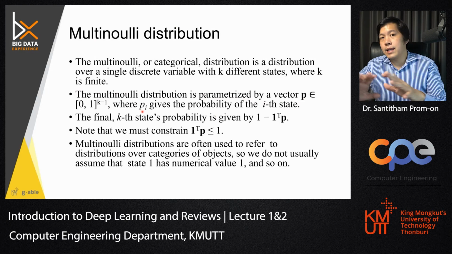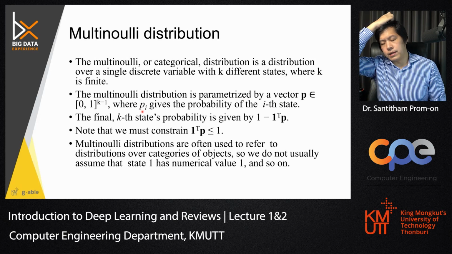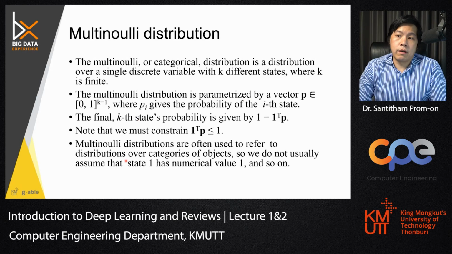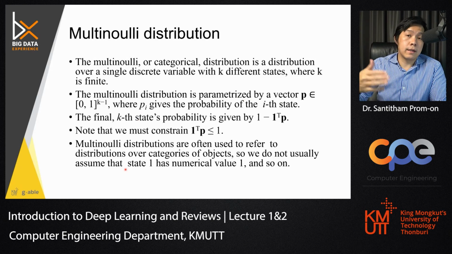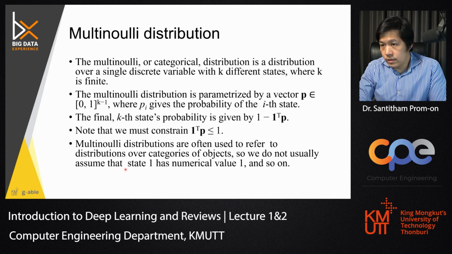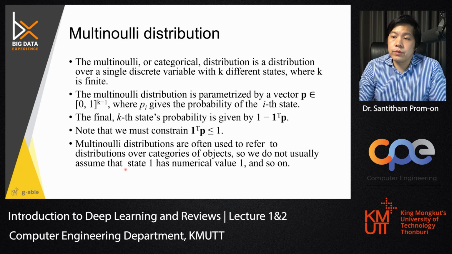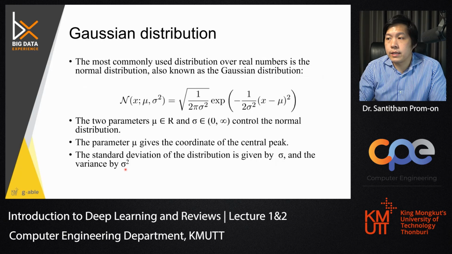Think about this as the result of the softmax function, and then you get this multinoulli or multi-class distribution, and then we can pick the highest one out. So the multinoulli is often used in referring to the category of objects, and the highest one refers to the most likely object that could occur.